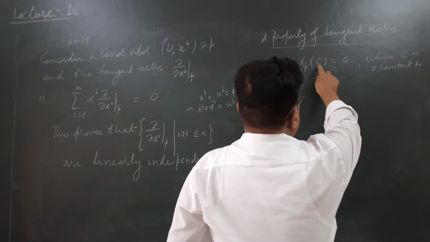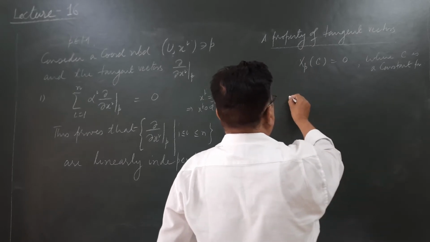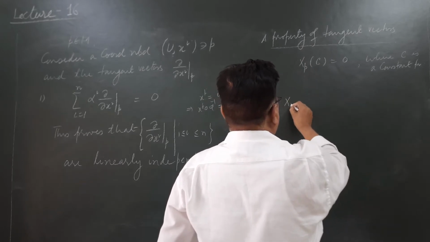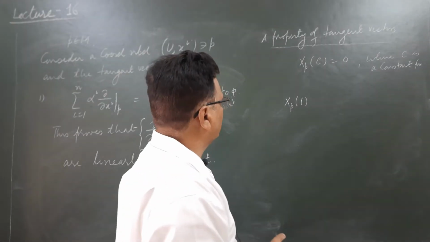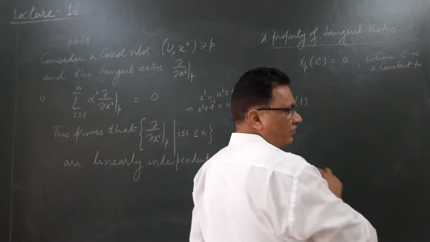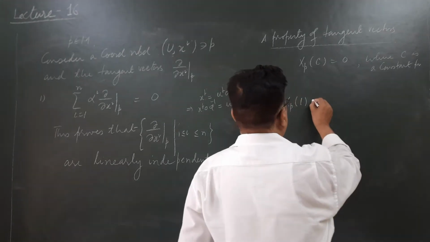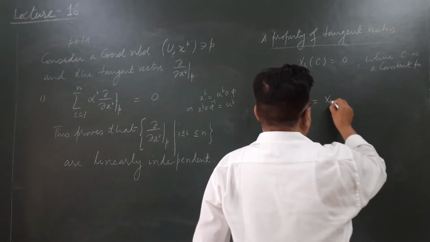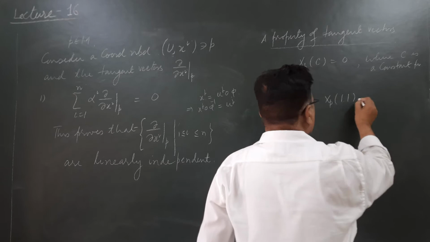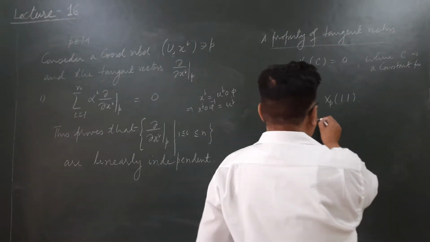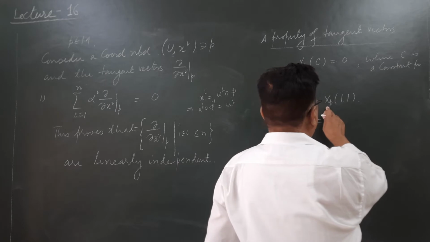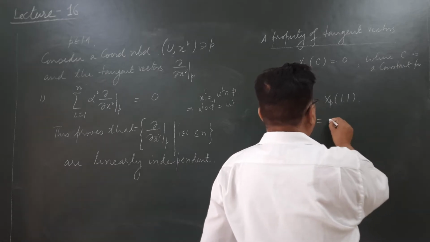So to show that XPC is 0, first I will show that XP1 is 0. What is 1? 1 is a constant function on the manifold whose value at every point is 1. So this I can write down as XP(1 into 1). Okay? And now, being a tangent vector, it will satisfy the Leibniz property.